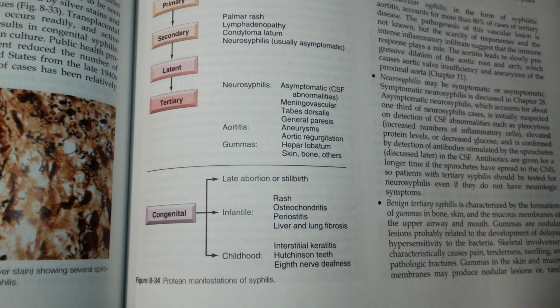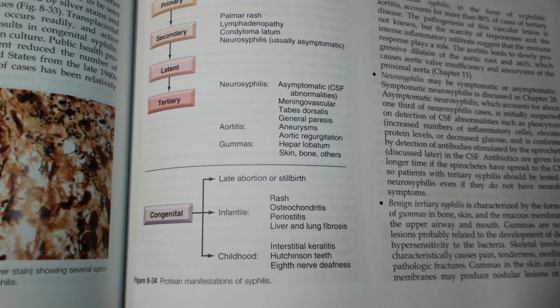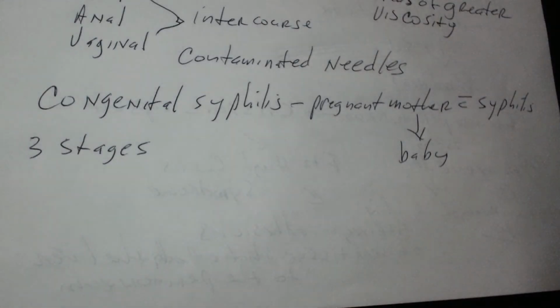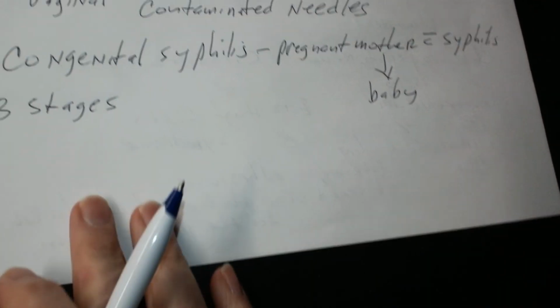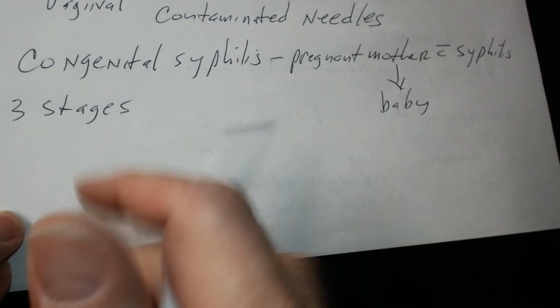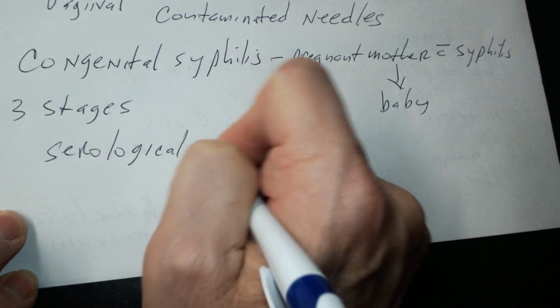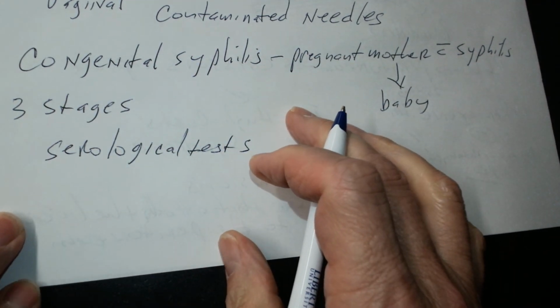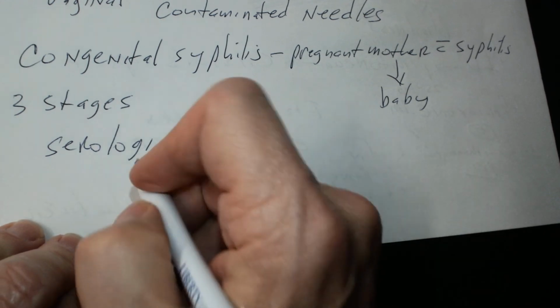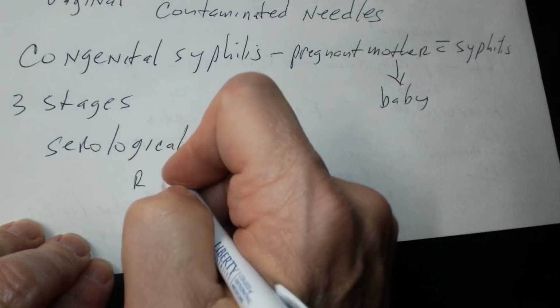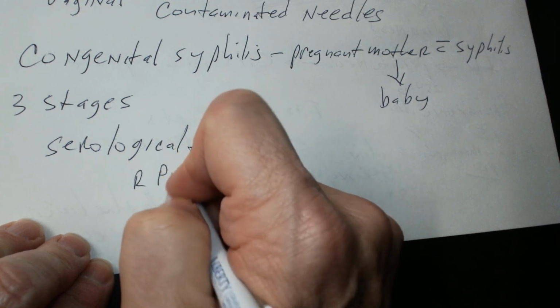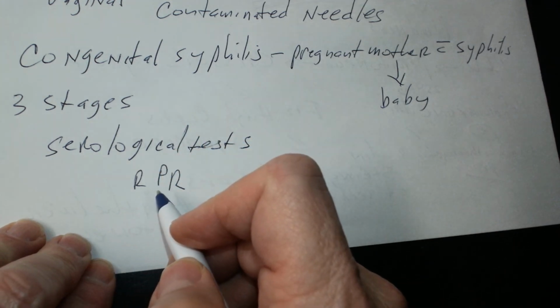Diagnosis of syphilis involves identifying spirochetes in the fluid from chancres. You can use dark field microscopy. There are also serological tests. So there's the rapid plasma reagent test.